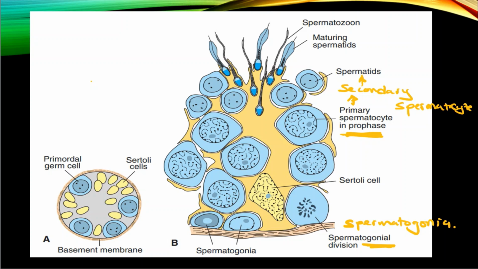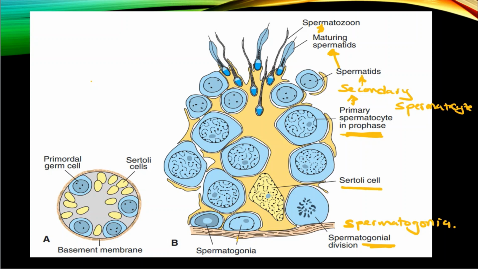The spermatids will now differentiate into spermatozoa, which are the sperms. You have to know this picture because it usually comes. So spermatogonia are differentiating until they become spermatozoa, sperm.